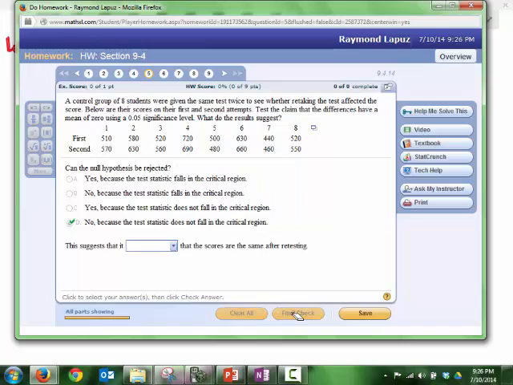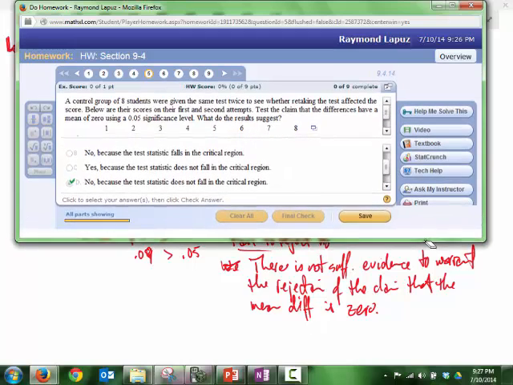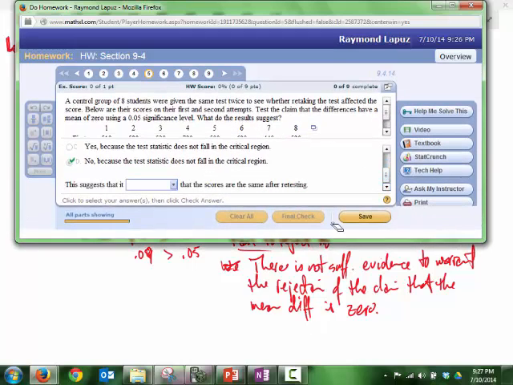So that's our criteria. This suggests that it appears likely that the scores are the same after retesting. What do you guys think? Okay, let's read this information here. There is not sufficient evidence to warrant the rejection of the claim that the mean difference is 0. We didn't reject that the mean difference is 0.